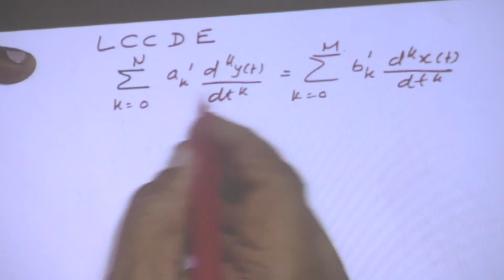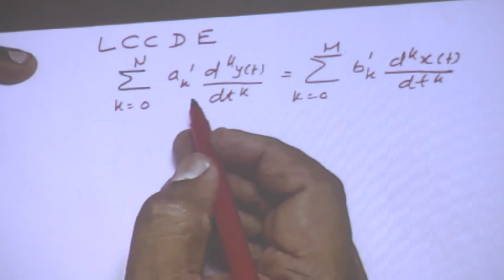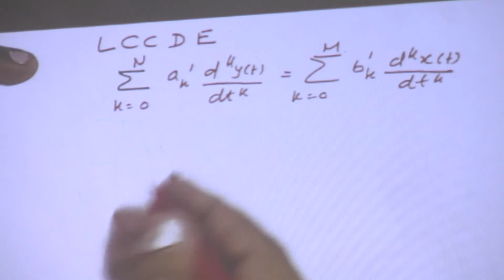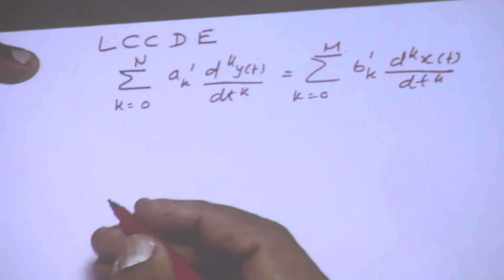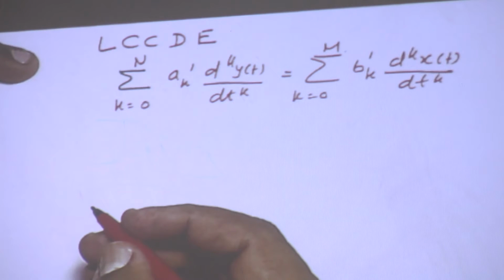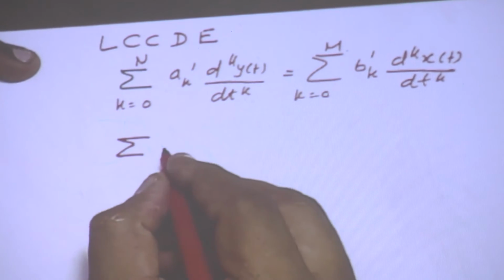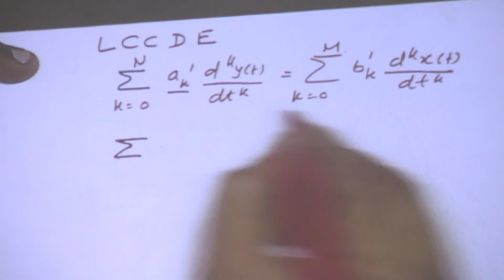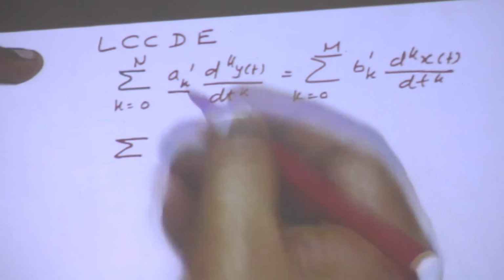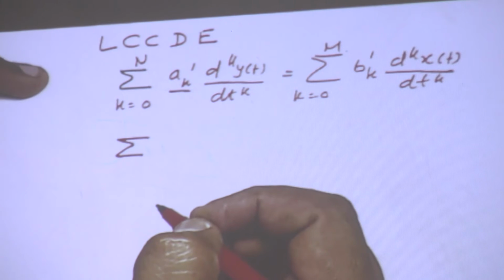This is a linear combination of differentials. So what we get when we discretize the system is going to be a linear combination of differences. So differences will always have terms like y of n, y of n minus 1, y of n minus 2 and so on. The constants in the difference equation will be different, because there is a usual process of converting a differential into a difference.